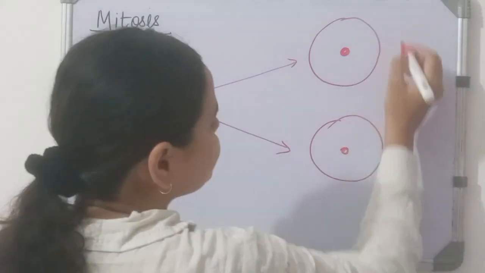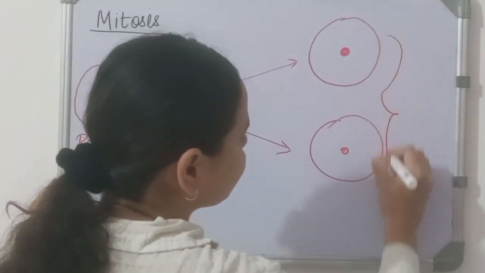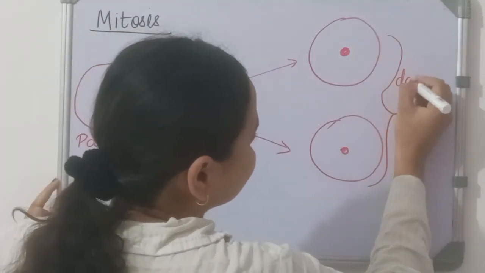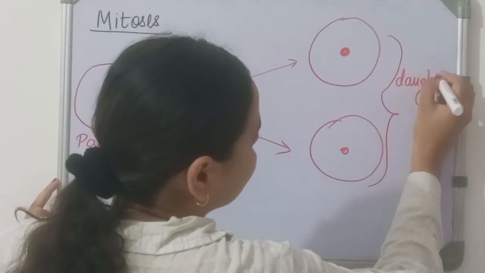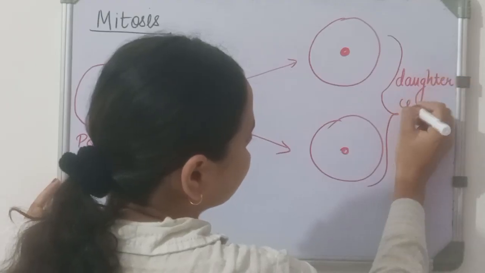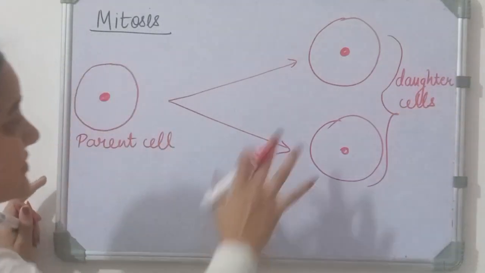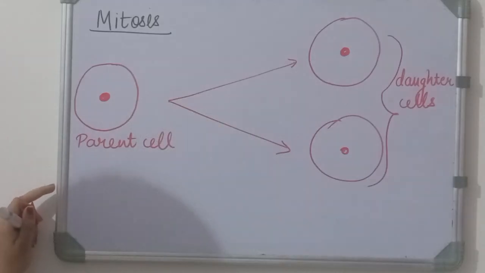Okay, these are daughter cells, and they are exactly like the parent cell.